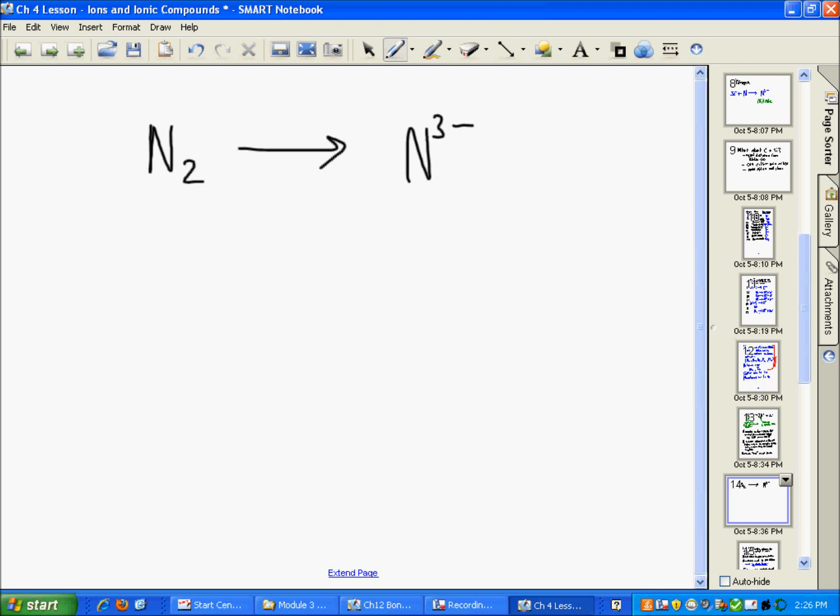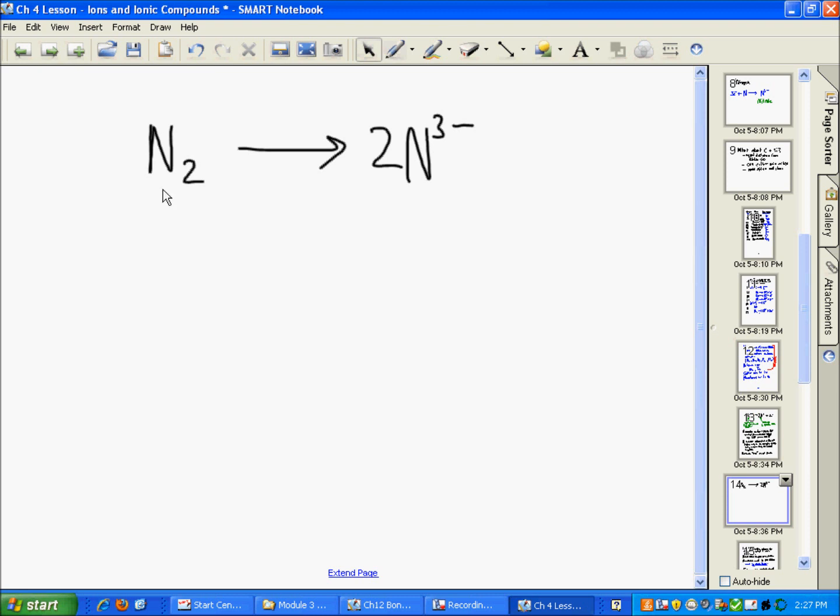The next thing is to balance the number of ions. We started with 2 nitrogens on the left, so we're going to have 2 ions on the right, but now the number has to go in front because they're not going to stick together anymore, because they have charges that are going to cause them to repel each other. The last thing is to balance the charges by putting electrons in.